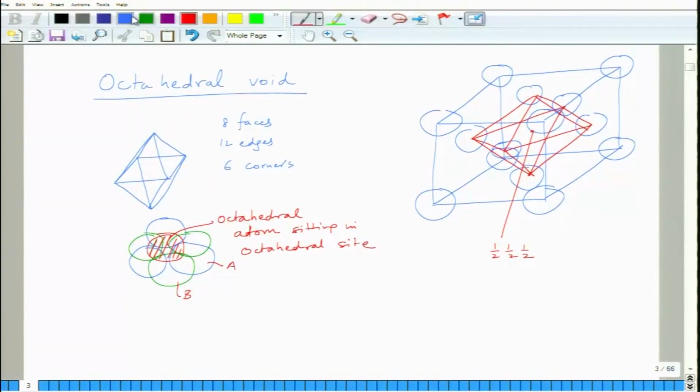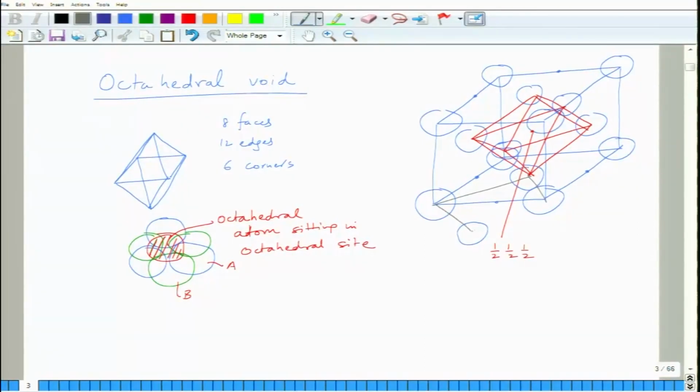Are there any other octahedral voids present in the structure? No, not on surfaces, on edges. So this will be one octahedral void, this is another octahedral void. So how do you form an octahedra here? Because you can always, if I use a different color, you will have an atom sitting here, somewhere here in the neighboring unit cell, right?